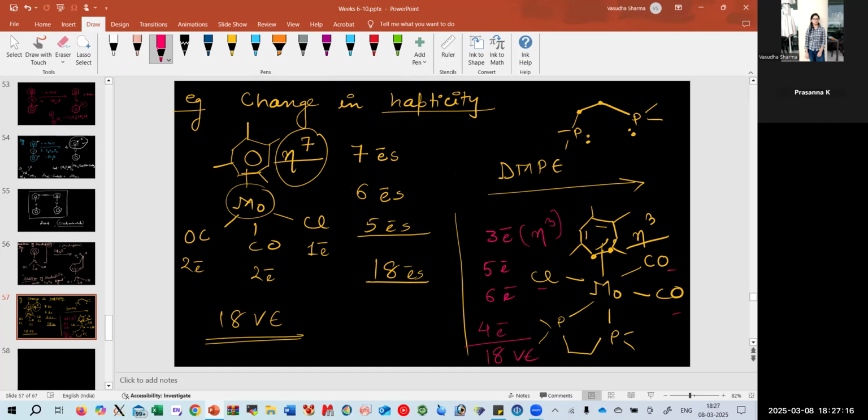You need to make a judgment when you have an option whether you can remove the ligands, because in many cases you might have seen that to maintain the hapticity or to involve any other ligand, you lose the CO and you introduce the phosphorus group. But here, when you have a chance of going from eta 7 to eta 3 or eta 4, it would prefer to have this kind of change in hapticity.